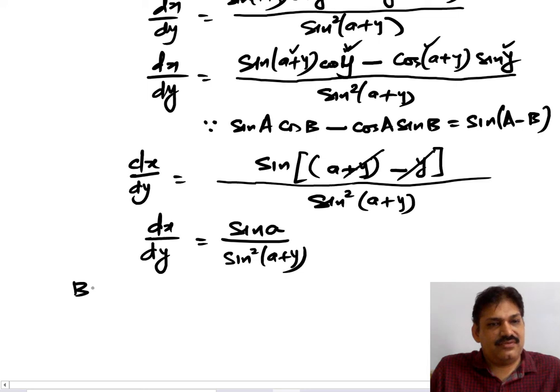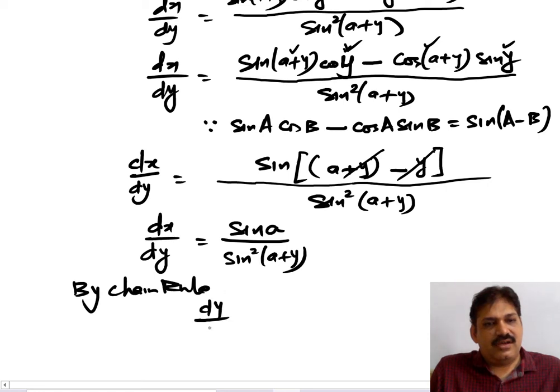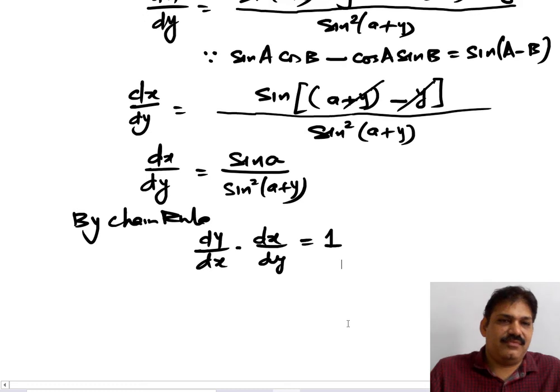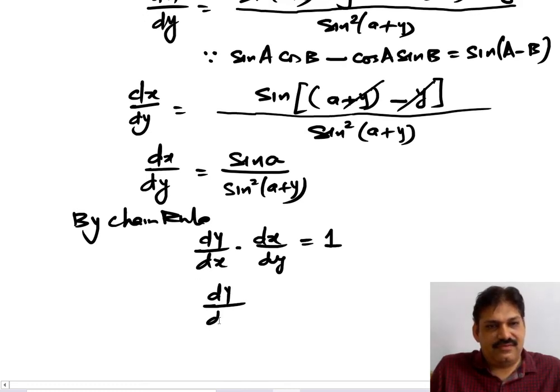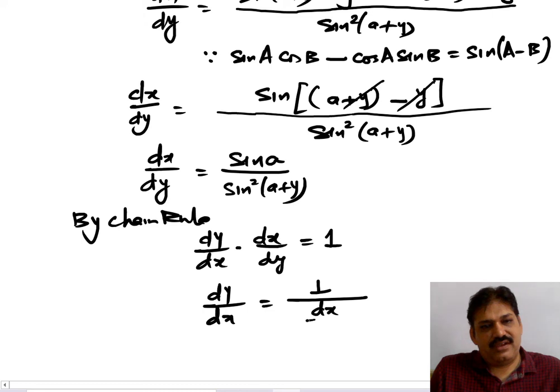So by chain rule we know that dy by dx, the derivative of y with respect to x, into the derivative of x with respect to y will give us 1. And from here we can say the derivative of y with respect to x is the reciprocal of the derivative of x with respect to y.